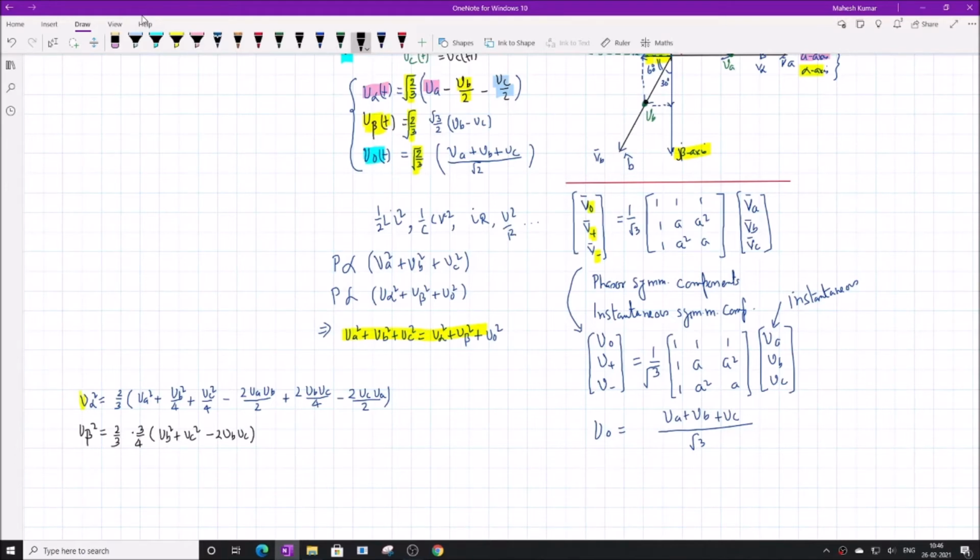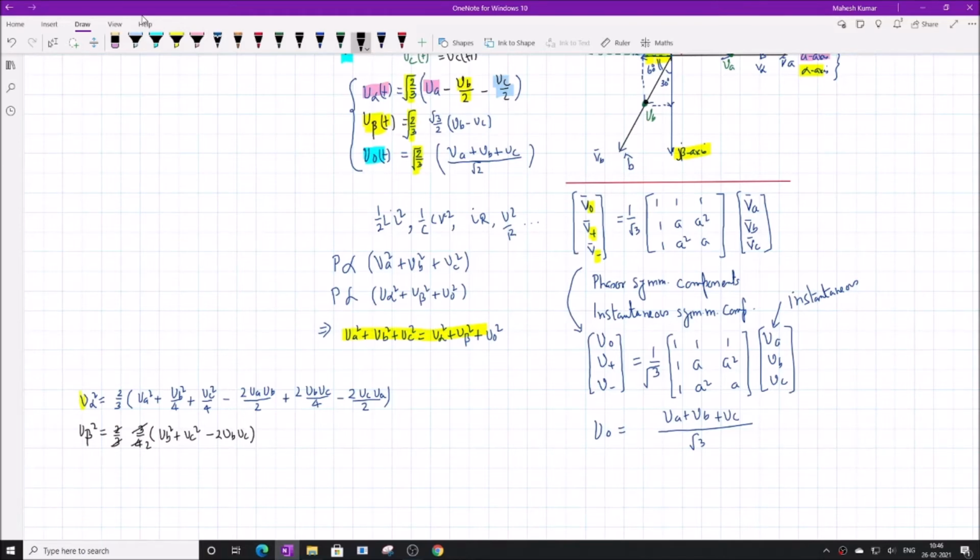We can simplify, 3 will go away with this, and this is by 2. So finally this becomes Bb square by 2 plus Bc square by 2 minus Bb Bc.